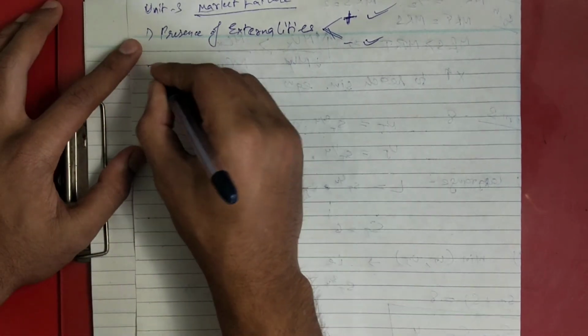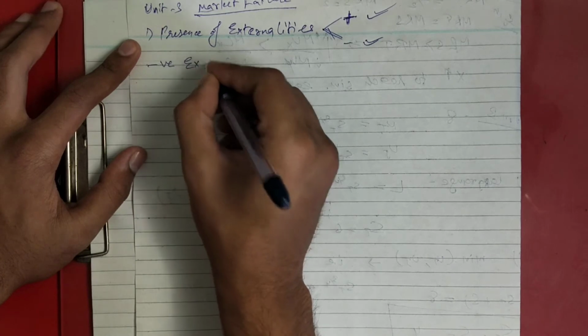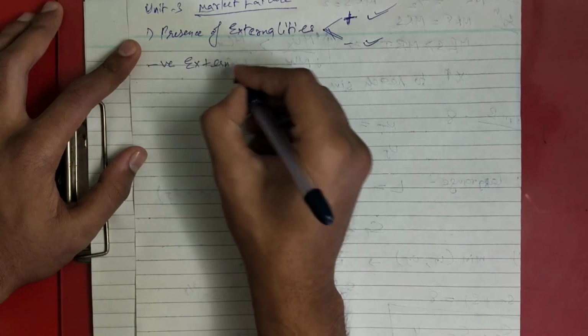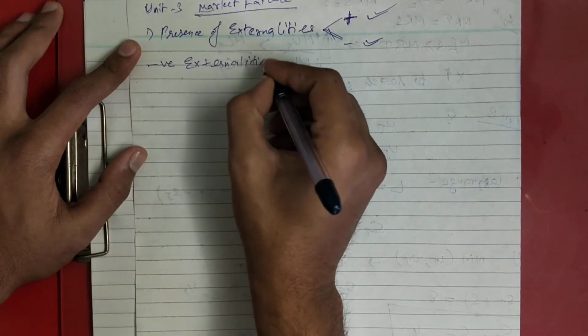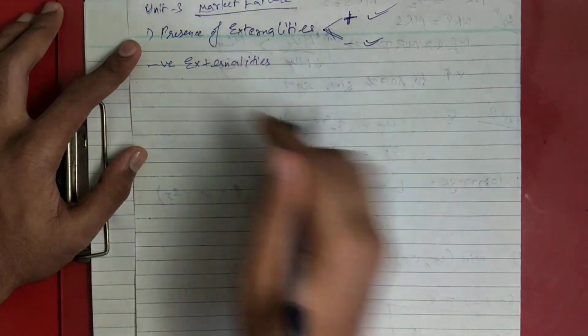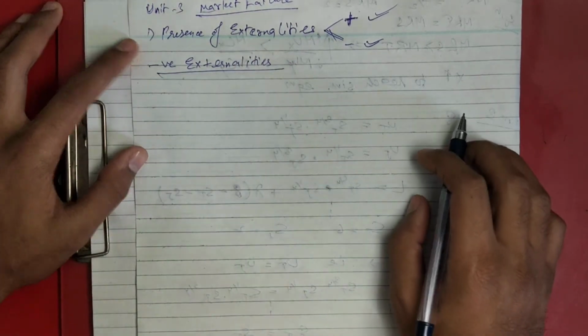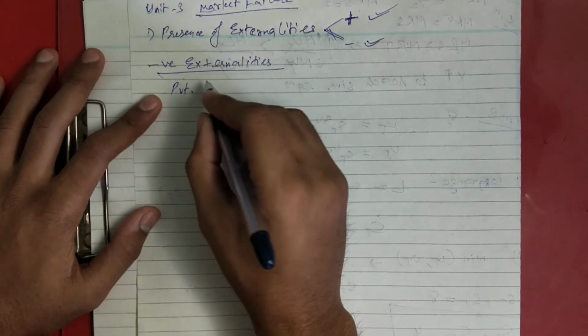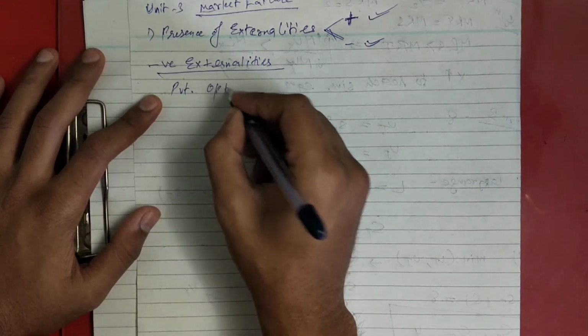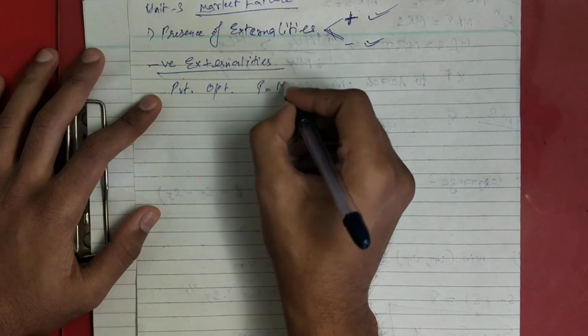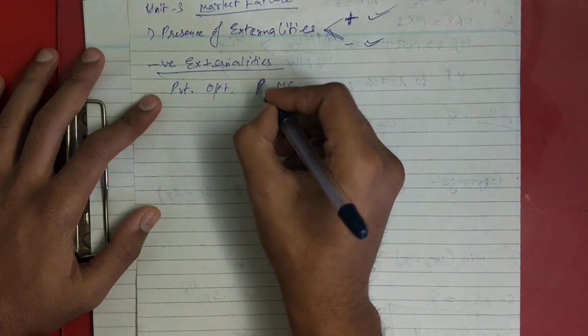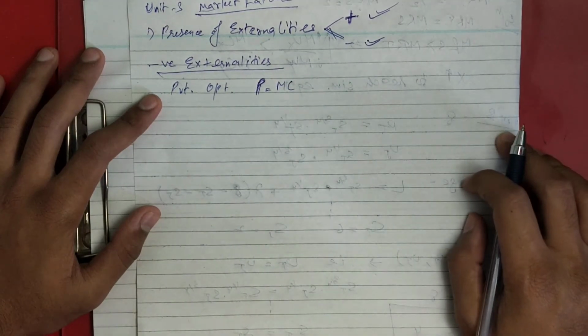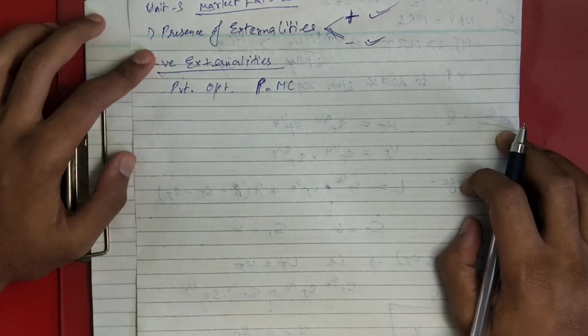So what happens in negative externality? I'll show you with a diagram how it leads to market failure. What is the private optimum? If there are no externalities, the private optimum condition is P equals MC. But what does negative externality do?